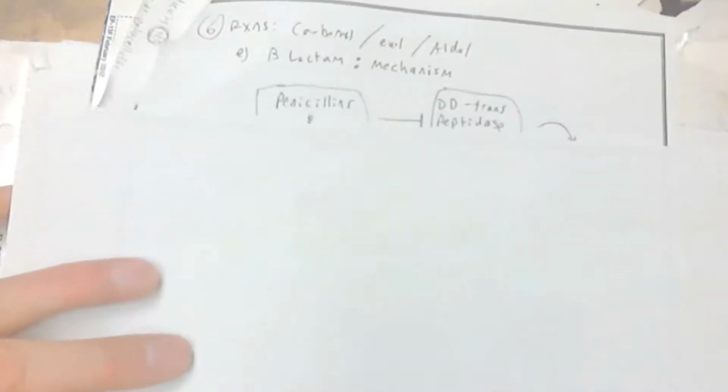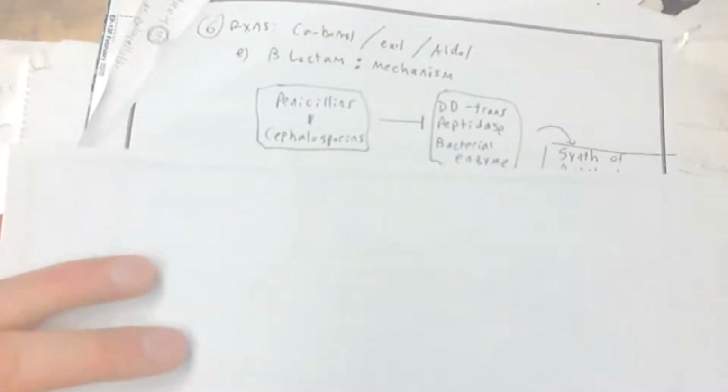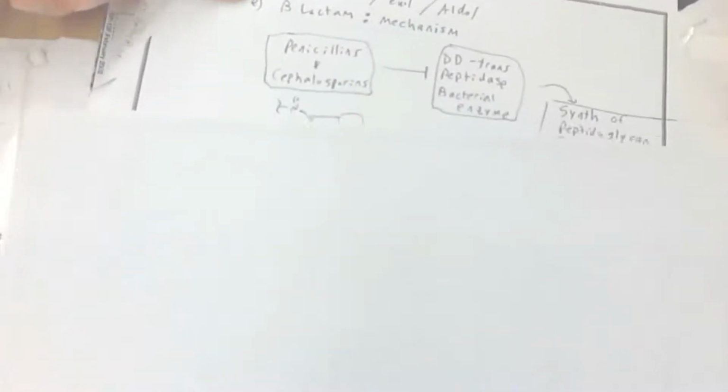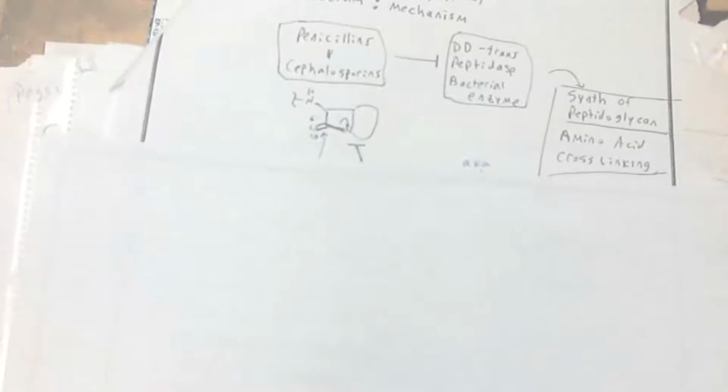So how do beta-lactams work? They inhibit an enzyme. A lot of drugs inhibit enzymes or other proteins, obviously. They inhibit the penicillins and the cephalosporins. Inhibit something called DD peptidase, DD transpeptidase. It's a bacterial enzyme that's involved in the peptidoglycan, and that's involved in amino acid cross-linking, which I'll show in a second.